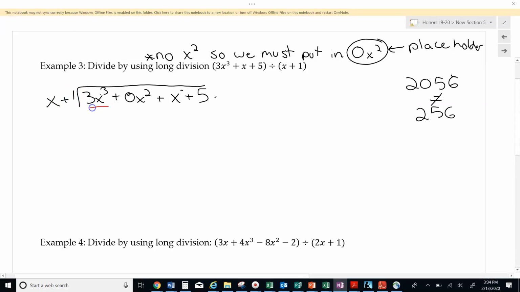Starting this, I'm going to divide 3x cubed by x. I'm still going to have the 3. X cubed divided by x, I have 3 x's, I take away 1, and I have 3x squared. I'm going to line that up with my 3x squared spot. I'm going to multiply this by this whole thing.